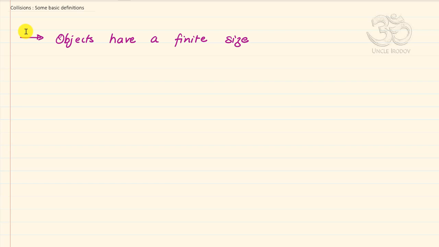They are also deformable. So we are not talking about rigid bodies, because you can't have rigid bodies hitting each other and then bouncing off in a certain way. At least one of the objects has to be deformable. So objects have a finite size and they are deformable. So this is one.